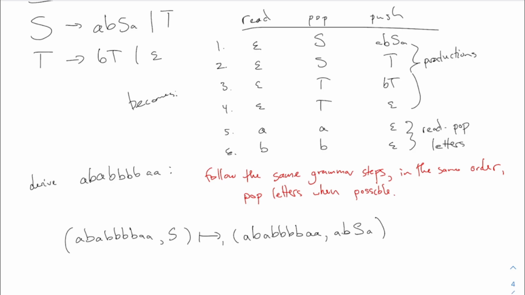Now, I said I wanted to do rule number 1 twice, but actually you can't do rule number 1 again in this situation because rule number 1 involves a pop S, and the S is not on the top of the stack. I am going to do 5 and 6. This is what I meant by saying follow the same grammar steps in the same order, and pop letters when possible. I have an A here and an A here. I'm going to do rule 5 to pop away those two matching letters.